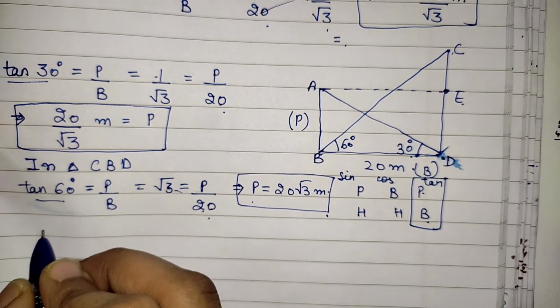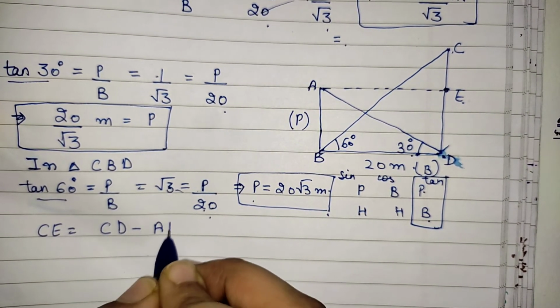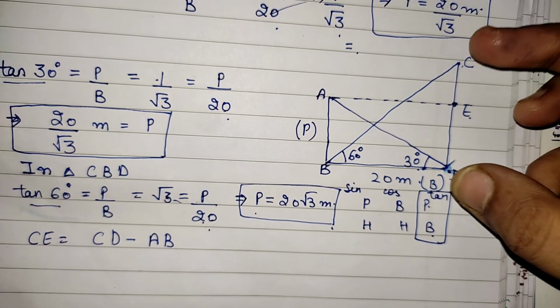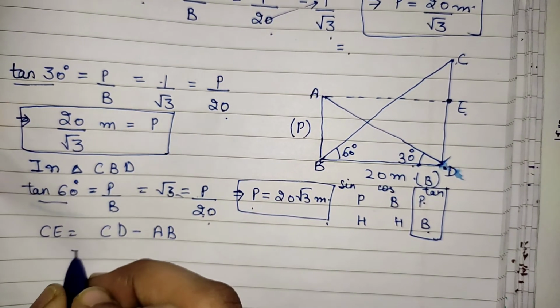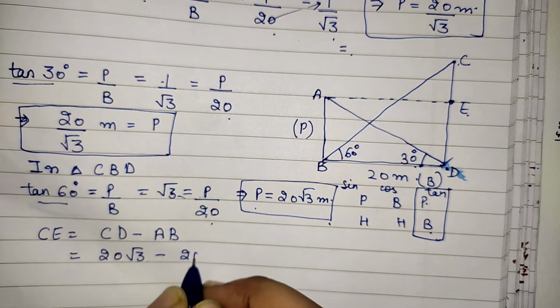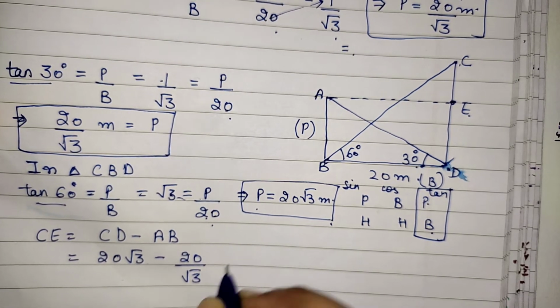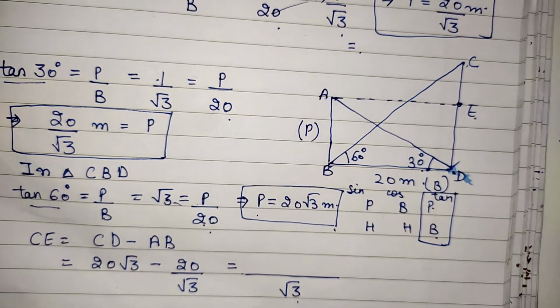Okay, so now I have to find out the value of CE. CE is my CD minus AB. So CD is 20 root 3 minus 20 by root 3. Now I can take the LCM.